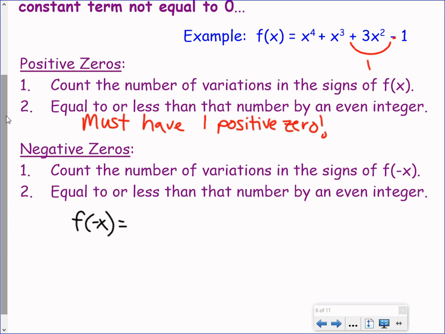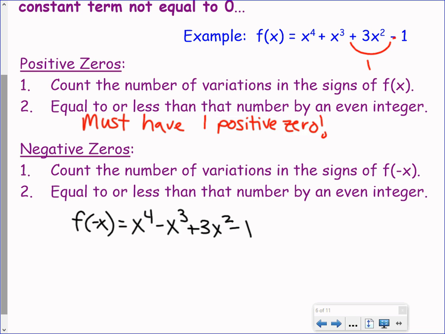So that's still going to be x to the fourth. When I do negative x cubed, that's going to be negative, which will change the sign from positive to negative. The next one is x squared, so that's going to keep its sign, plus 3x squared. And the next one doesn't have x, so it's going to keep its sign. I'm not showing my substitution there, I'm just going off of the pattern for the x sign.